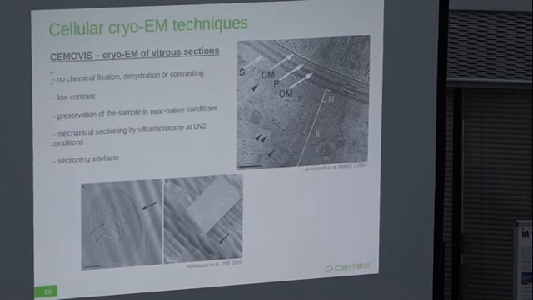So you see the natural contrast, which brings the problem that the contrast is low. However, this approach is very close to the native state, because you're now imaging your specimen in the so-called near native state.